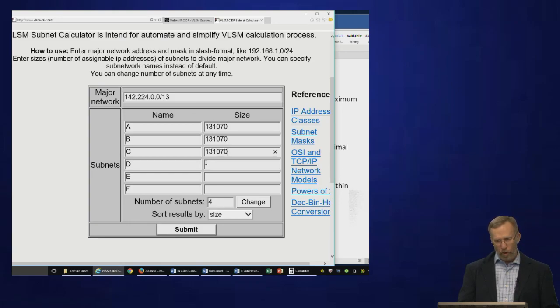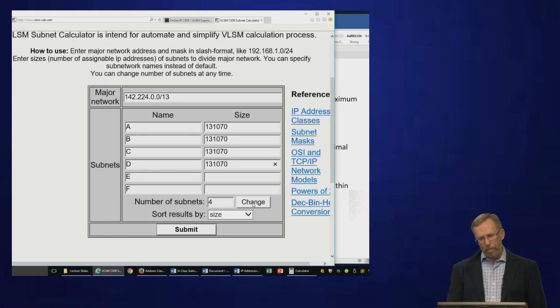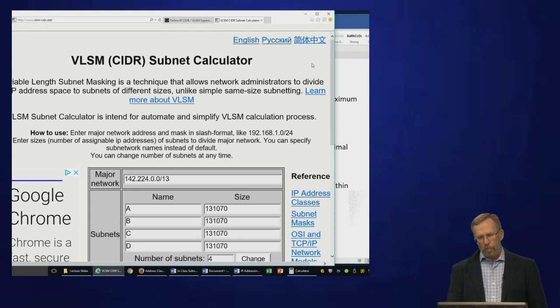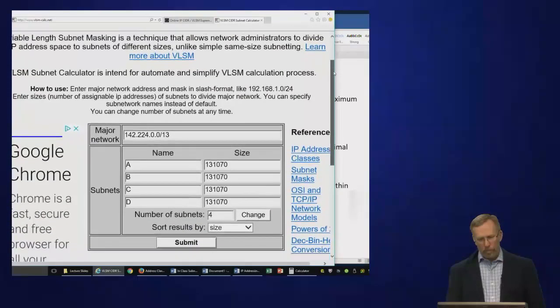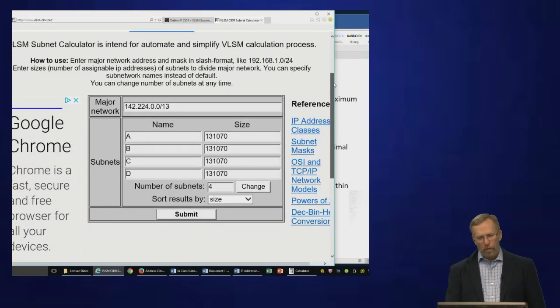But I only want 4 networks, and I know that. So I can change this number here, number of subnets, to 4 and click change. And when I do that, it takes away those extra blocks, and now I only see A, B, C, D for my 4 subnets.